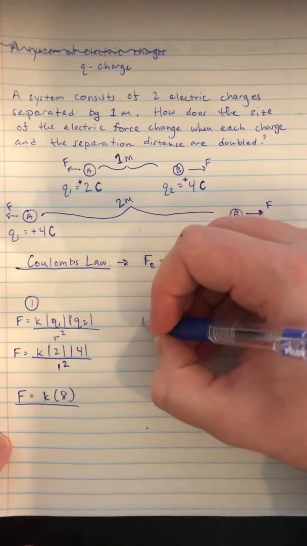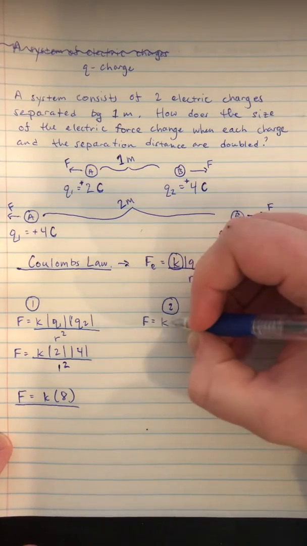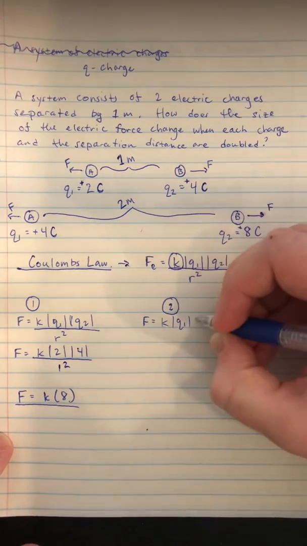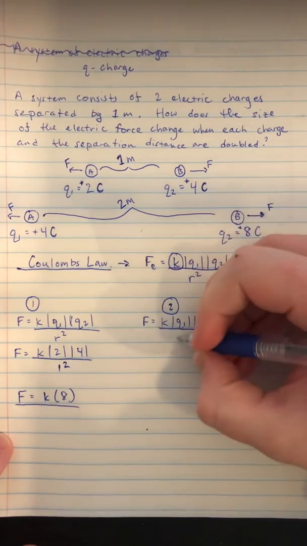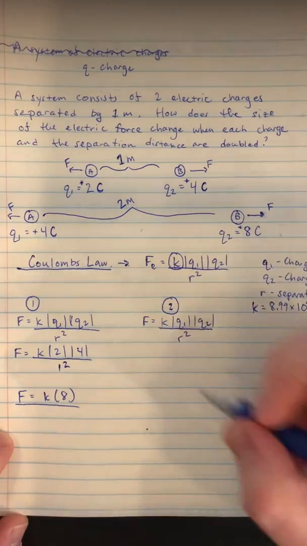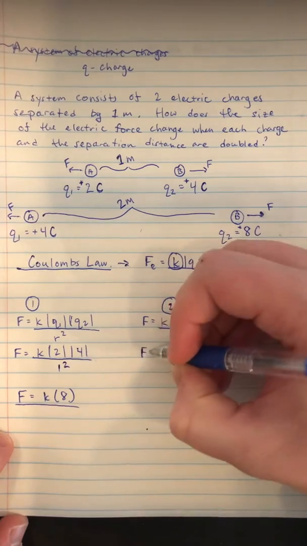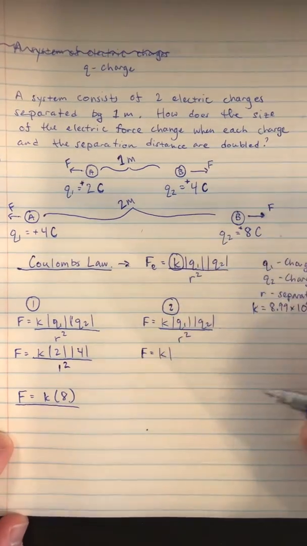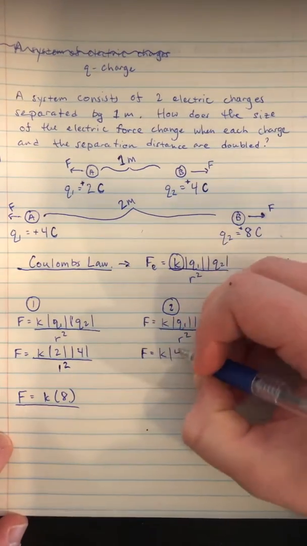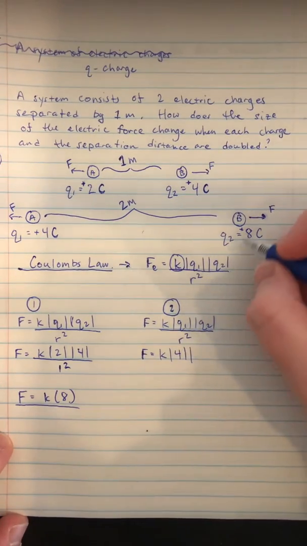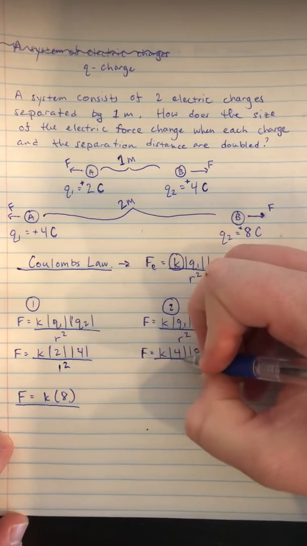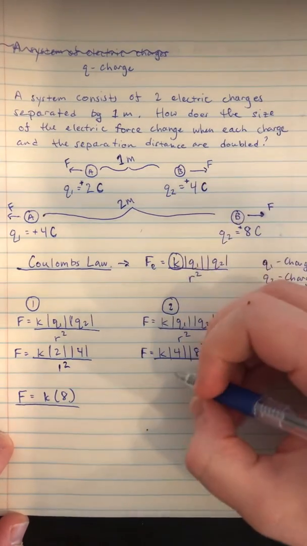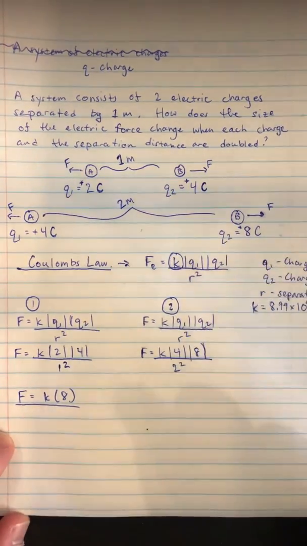All right, same equation. F equals K, absolute value Q1, absolute value Q2, divided by R squared. We'll get F equals K times the absolute value of 4 times the absolute value of 8, divided by, distance is now 2 squared.